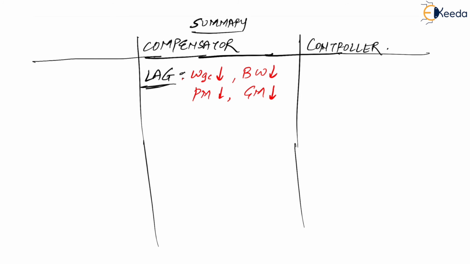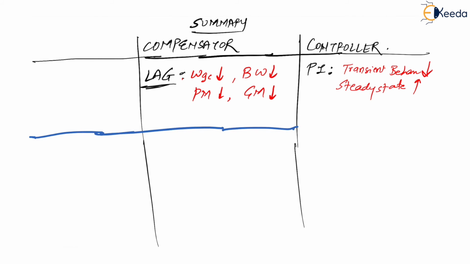Right? Similarly, in PI, what happens? Transient behavior not good. Steady state behavior improved. Right? This was about lag.